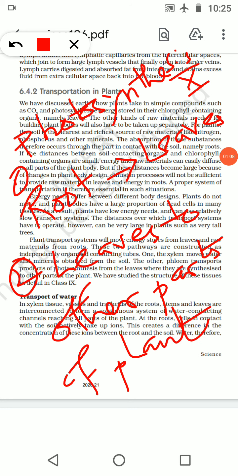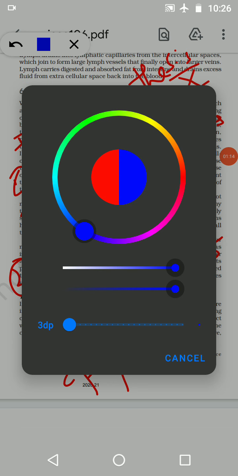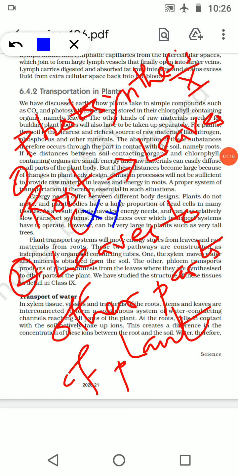From root to leaves, this is done by xylem. And the prepared food moves through the phloem.